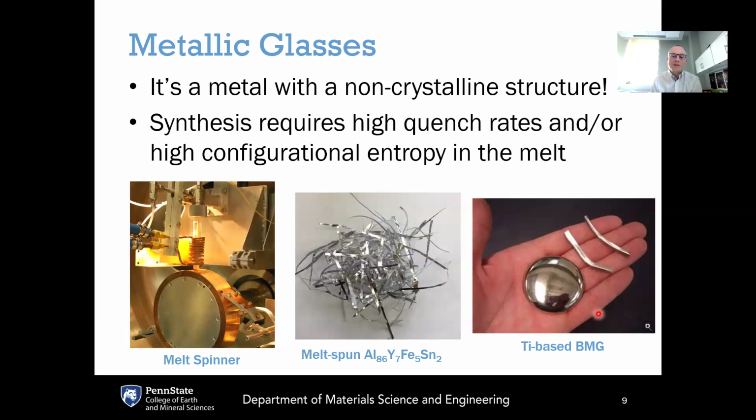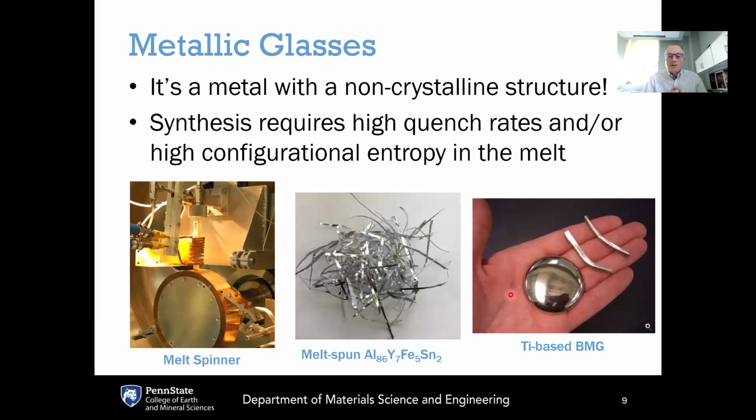More recently, metallic glass alloys have been formed that are more stable with respect to crystallization, meaning that they can be quenched slower compared to these melt spun glasses. And that gives the opportunity to make what's called bulk metallic glasses, or BMGs. Bulk metallic glasses are designed to have a greater resistance to crystallization, which means that you can cool them more slowly, which means that you can form larger bulk pieces of these glasses.